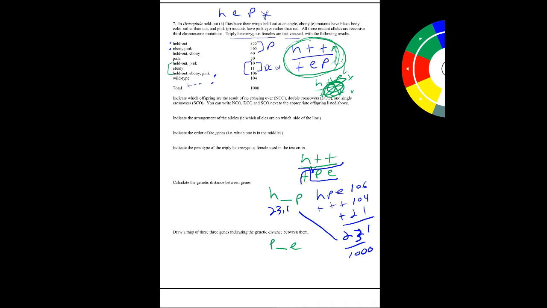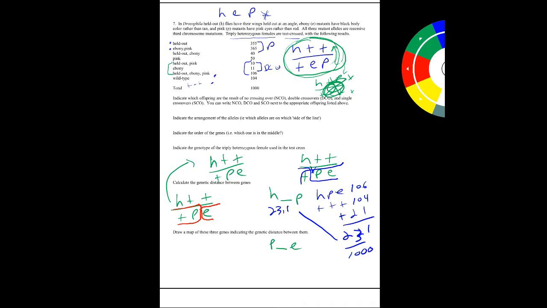Let's write this again over here, H plus over plus P E. That's our starting genotype. And now we want to cross over between P and E. So H and plus and E go together, plus P and plus go together.